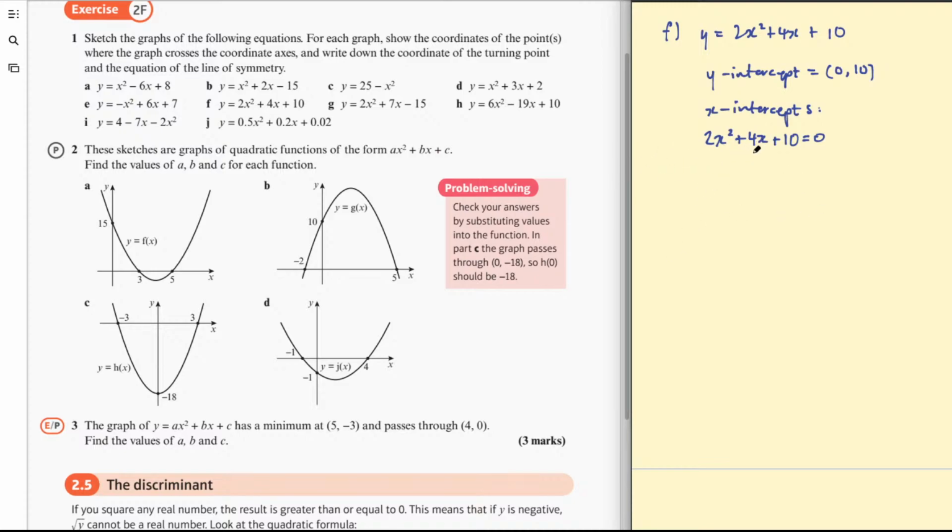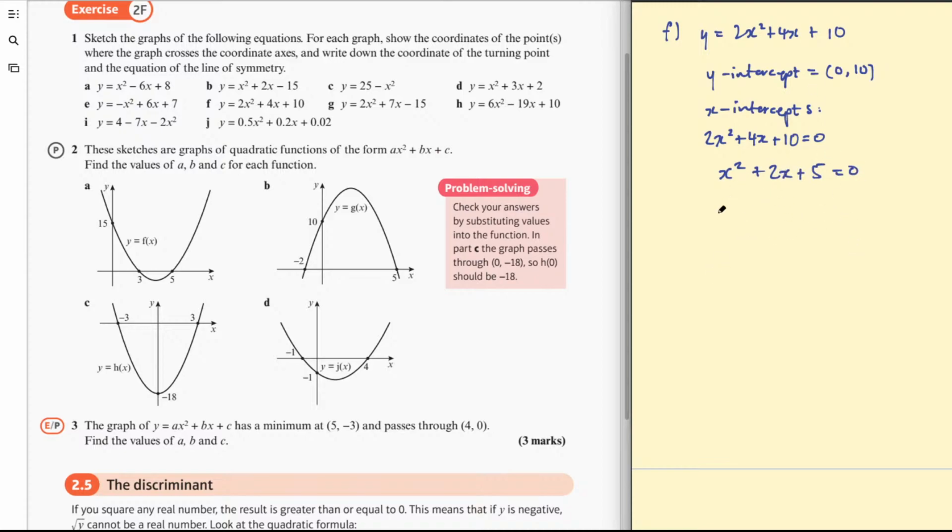So we could either use completing the square or the quadratic formula. It's up to you. I prefer using completing the square on examples like this. So the first thing I do is divide through by 2. Because it equals 0, I can do that. This is x squared plus 2x plus 5 equals 0.